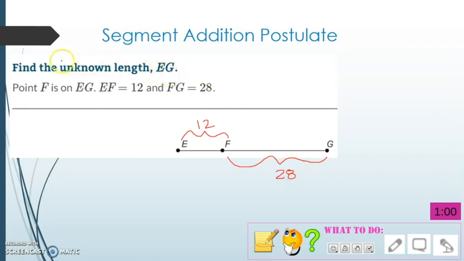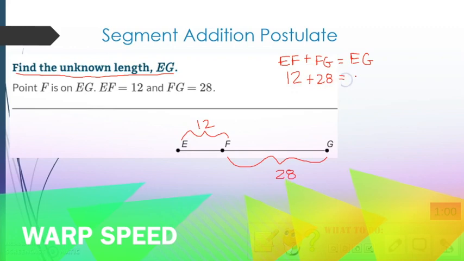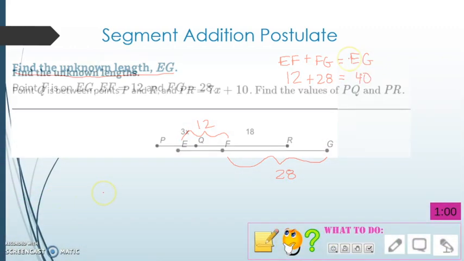We want to find the unknown length EG. That's the whole thing. Well, we can see that if we take the length of the small segment and add that to the length of the large segment, we will have the length of the whole segment. So plugging values in, 12 plus 28 is going to give us 40.